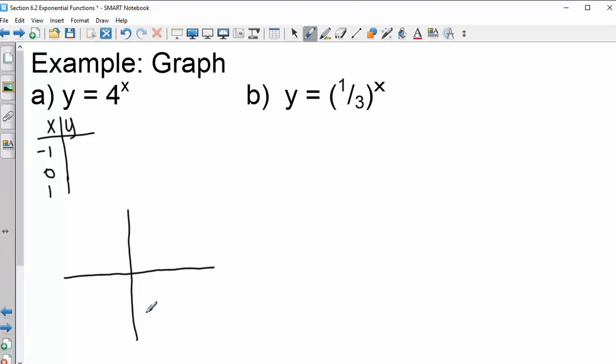So if I have 4 to the x, 4 to the -1 power would be 1/4. If I put in a 0, 4 to the 0 is 1. If I put in a 1, 4 to the first is 4.